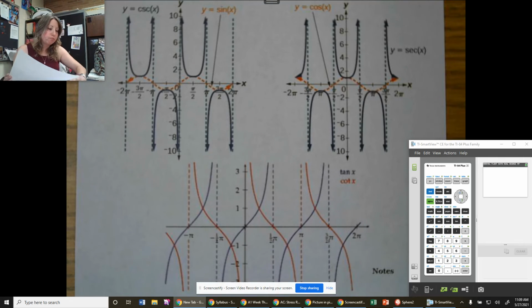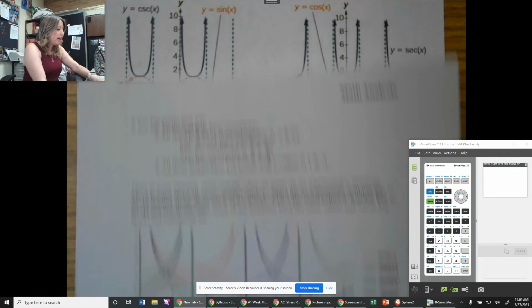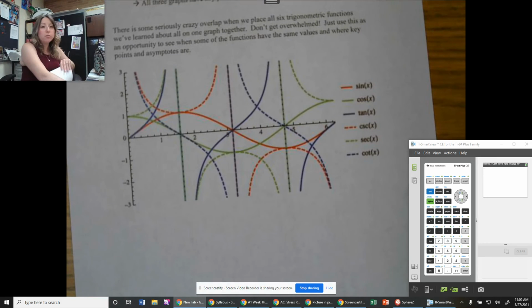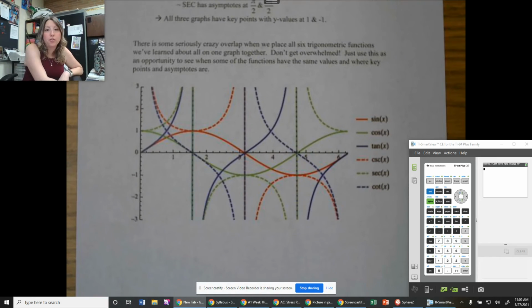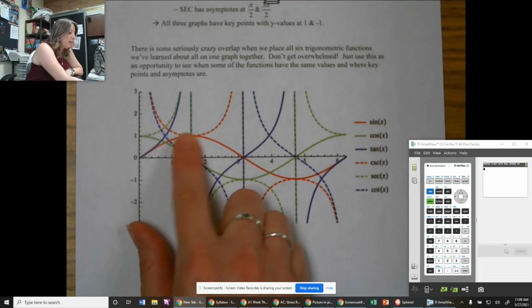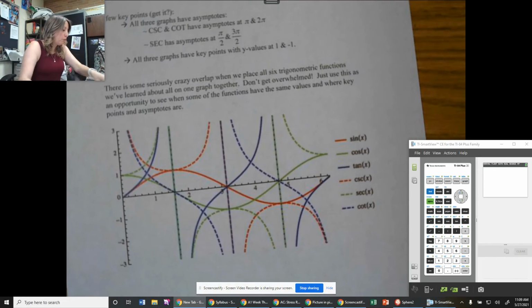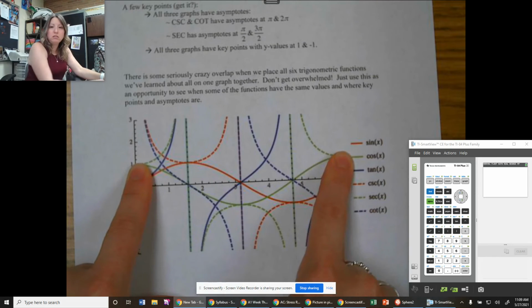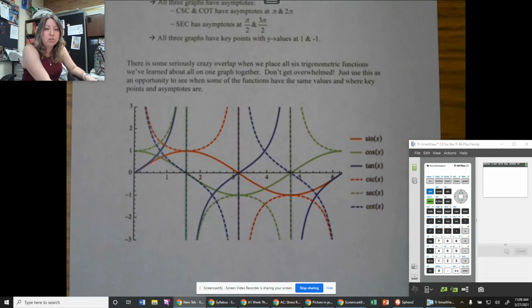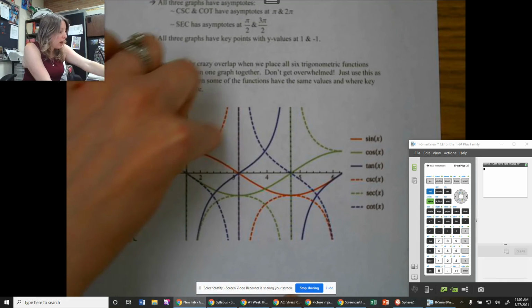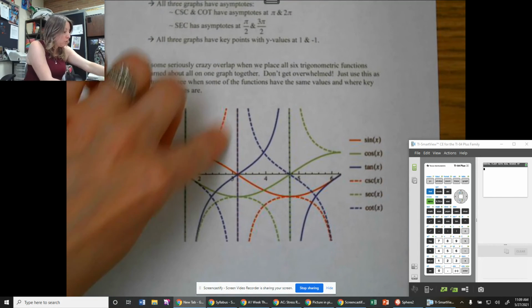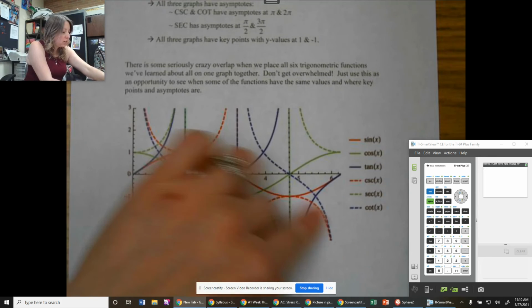Okay, so one last thing: if I put all this craziness together, everyone's just 90 degrees apart from each other. Sine is just 90 degrees from being cosine. Scooch this guy over 90 degrees and you've got matches. The opposites are the dots, right? So the reciprocal of sine is this cosecant.